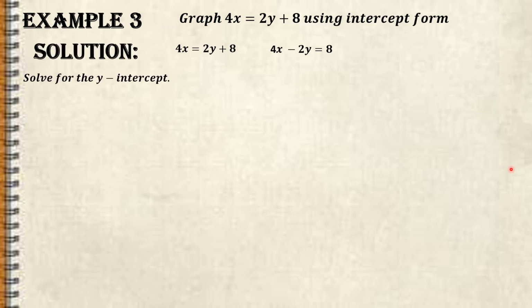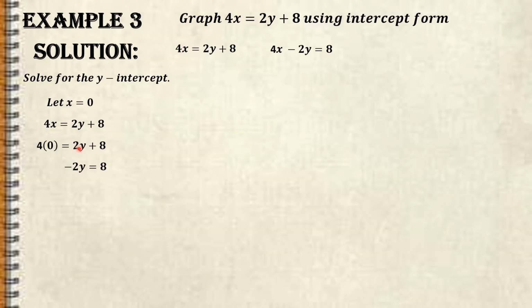So ganun pa rin, to solve for the y-intercept, okay, we need to let x be equal to 0. So, ayan, palitan yung x dito ng 0. Then, cancel na natin ito. So, yung 2y dito, kailangan nandito siya sa left side. So, di ba pag nagdilipat tayo by additive inverse, kukunin yung kanyang negative or opposite.